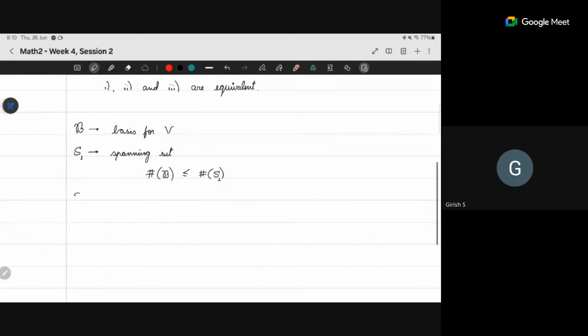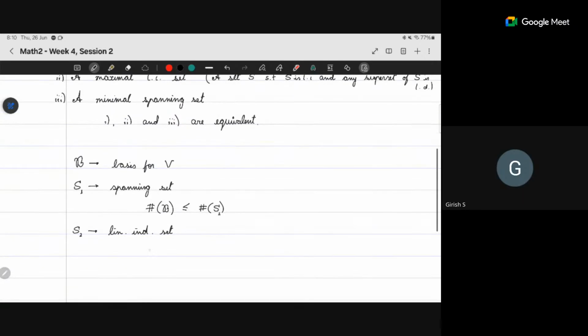And if you have any linearly independent set, then what would be the relation? Greater than or equal to.